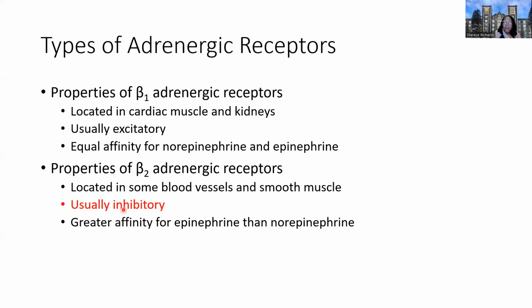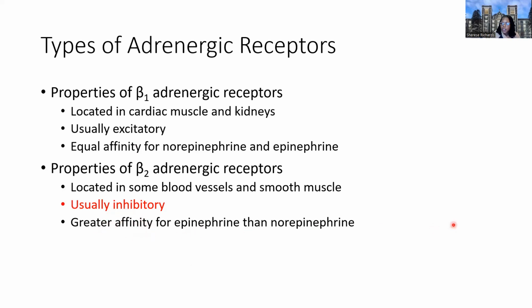So while we think about that action on the tissue as being inhibitory, it's still in alignment with the overall sympathetic response. If you're fighting or fleeing or running from a threat, you want more oxygen to get into your lungs. But for that specific tissue, the type of response that's needed would be an inhibitory one.